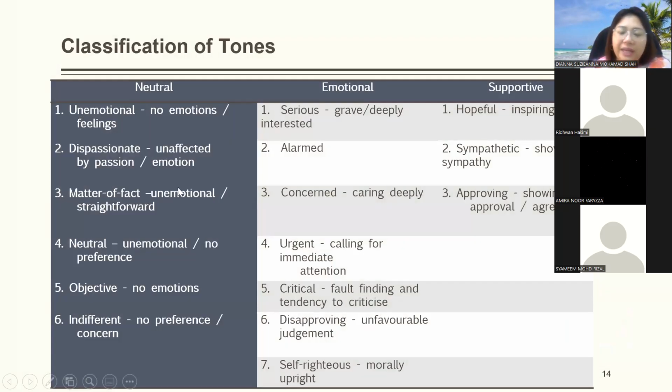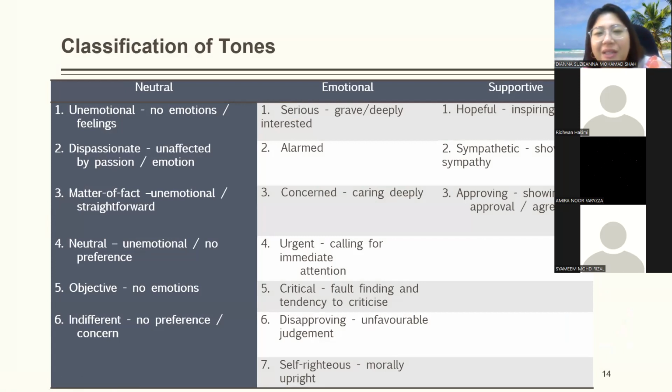Okay, so the team has classified tones. You can check this table in order for you to identify the tones. For example, number 1, unemotional, no emotion or feeling shared, so the emotion is going to be serious, grave, deeply interested.